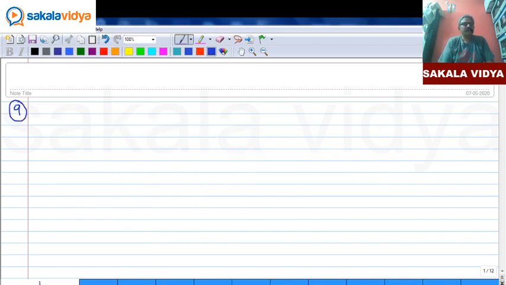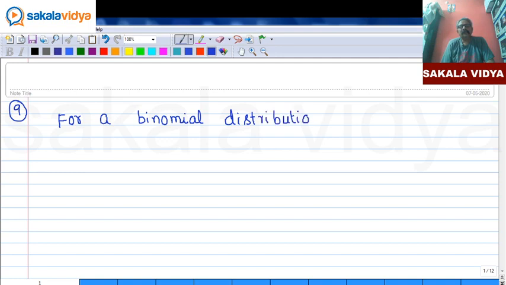So, ninth question. For a binomial distribution n is equal to 10, q is equal to 0.4, then its mean.